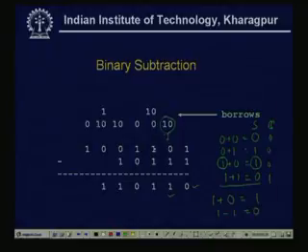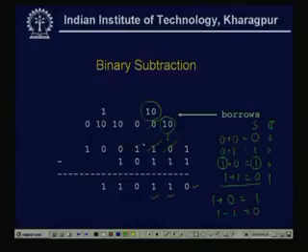Now this becomes 0 because I have borrowed. So again I have to subtract 1 from 0, so again it should be borrowed and this is 10. So again it is 1 and it is again borrowed.